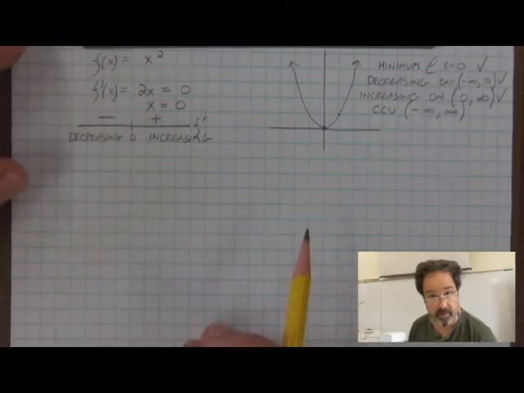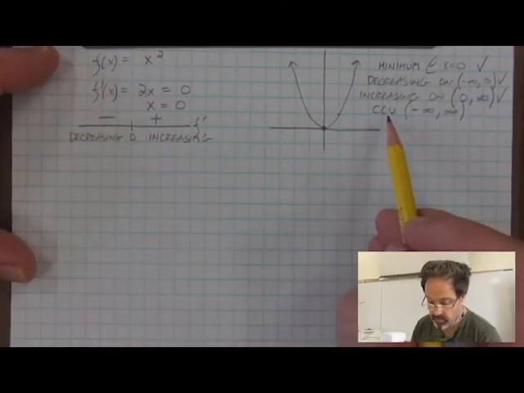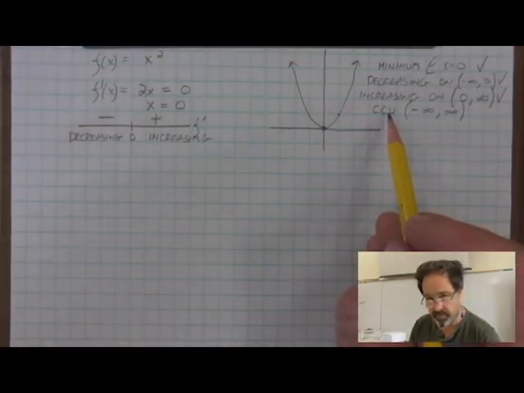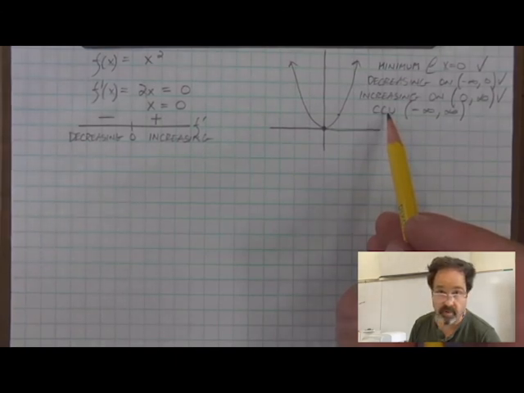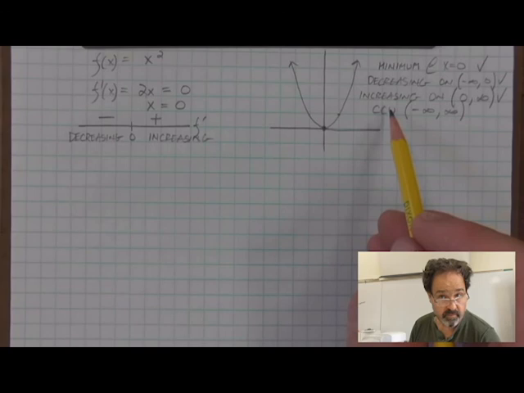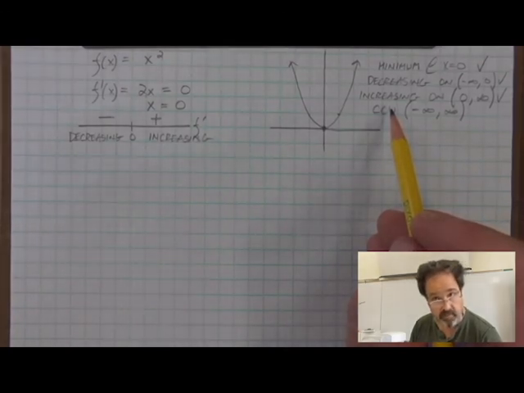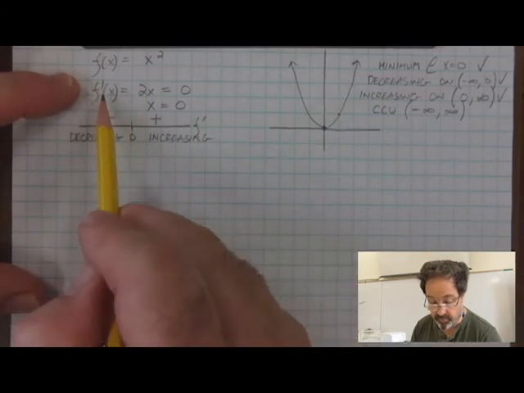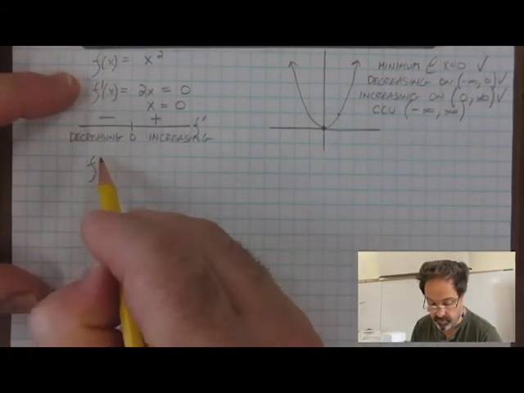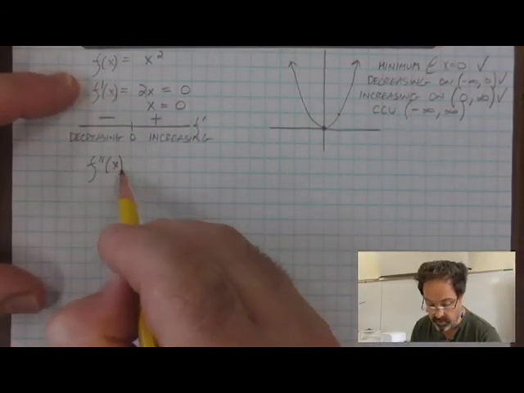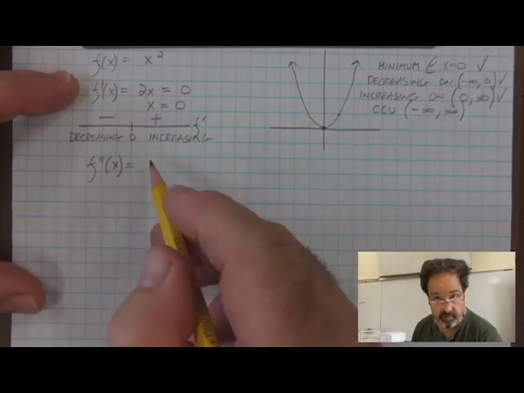How about concavity? Concavity is where the second derivative is positive, it's concave up. Negative second derivative means concave down. So if I have the derivative of the function and I take the derivative again, I will get the expression for the second derivative.